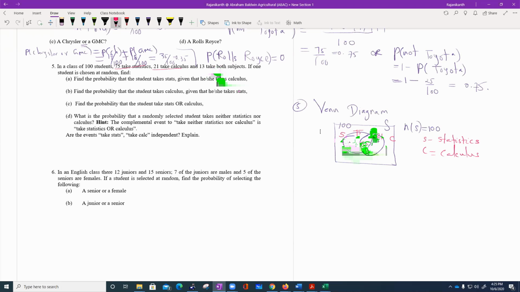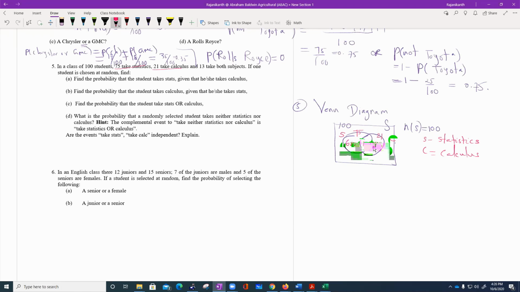If this is 13, we could subtract 13 from 75 to find out how many students are taking only statistics. 75 subtract 13 is going to be 62, right? Similarly, if you subtract 13 from 21, it's going to be the number of students who take only calculus. Like that, you have to complete the inside.